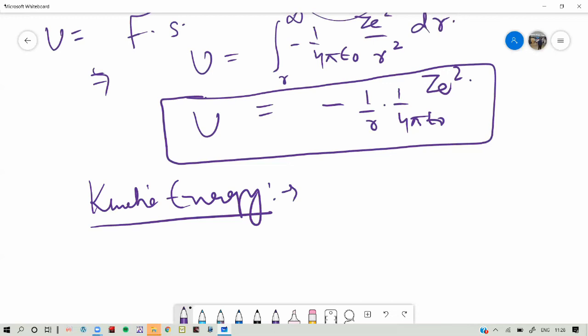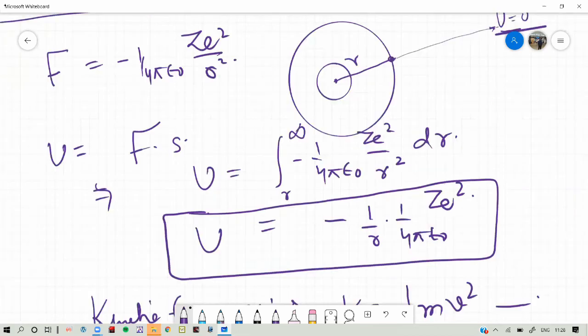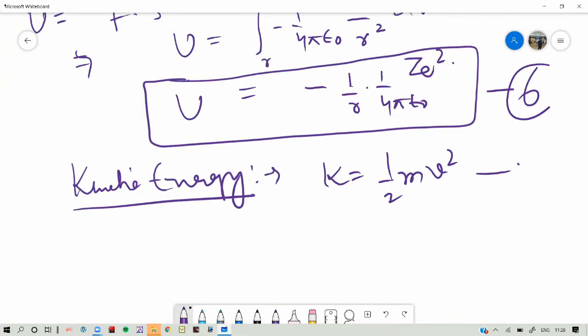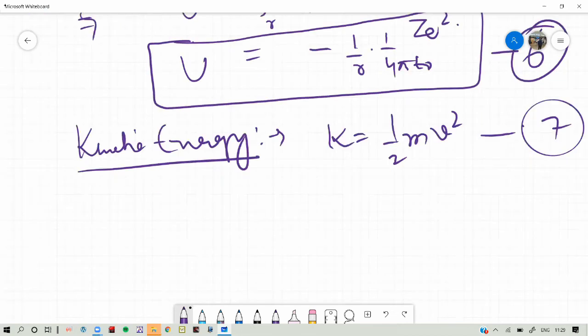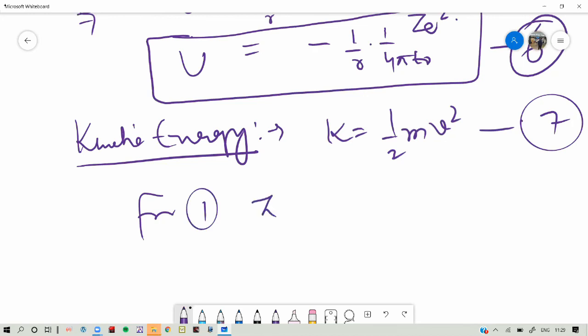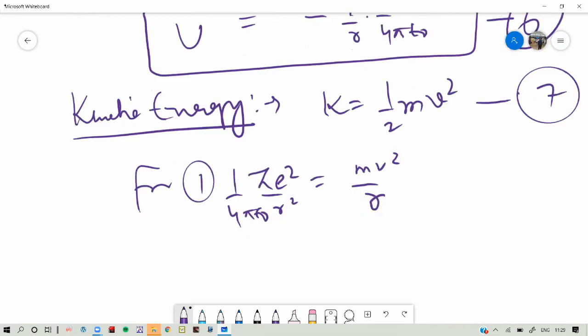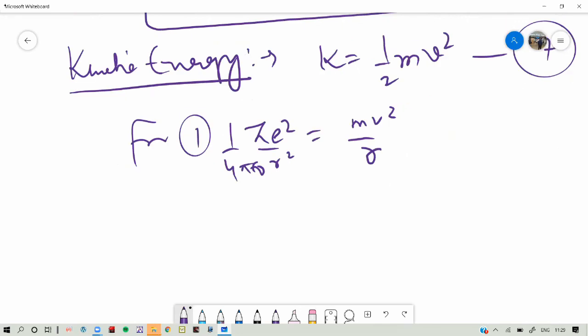The kinetic energy K, let us suppose, is half m v square. Let this be equation 6, this be 7, and from equation 1, z e square by r square is equal to m v square by r, with 1 by 4 pi epsilon naught. From here you can find the value of v square and put it into the kinetic energy expression.